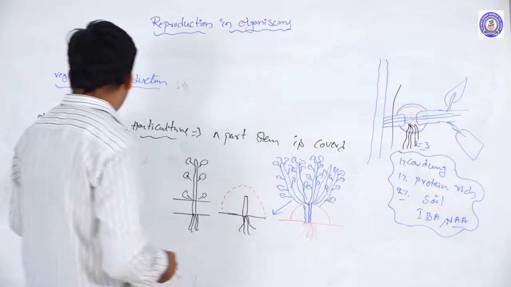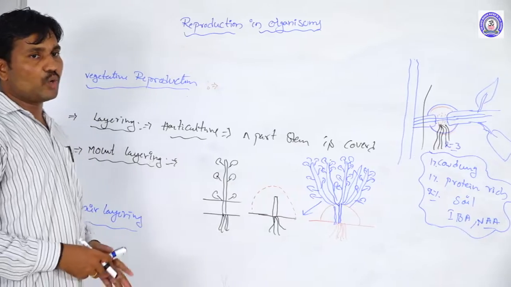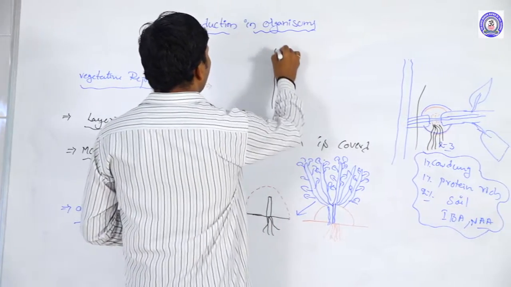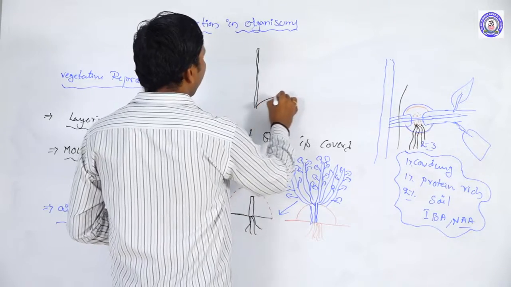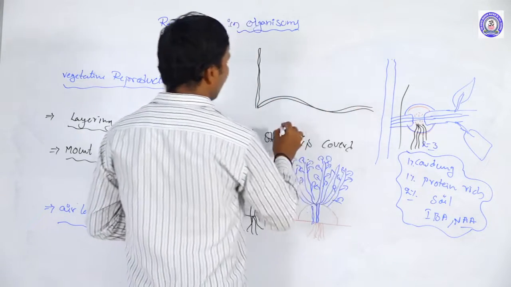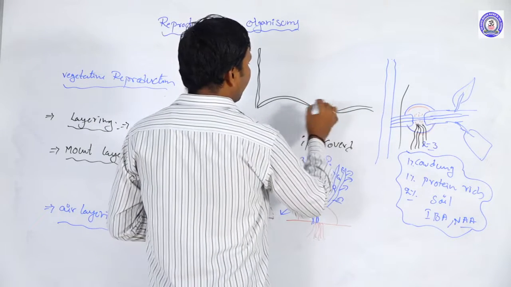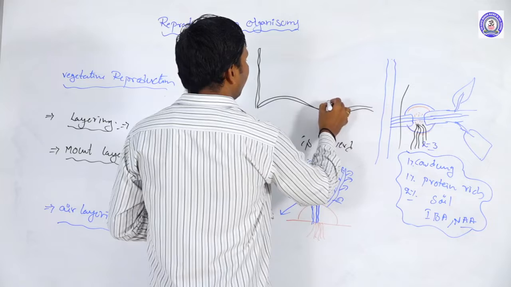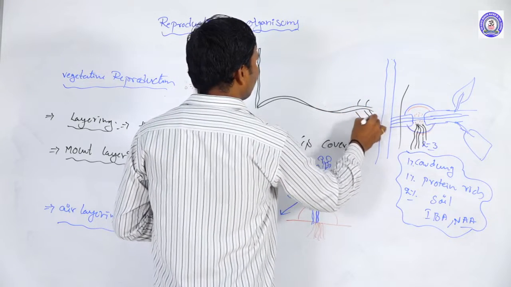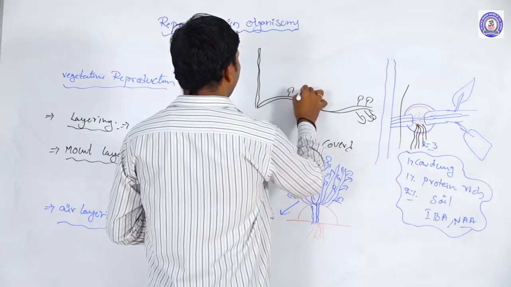Like this we do mound layering and air layering, and for plants like jasmine with slender branched stems, we do serpentine layering, trench layering, and other different layering methods. This is the approach layering actually, and repeated layering.